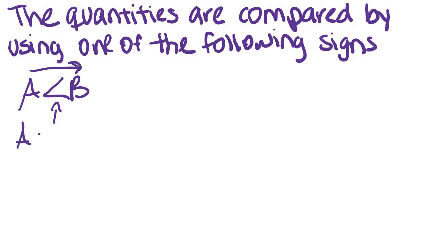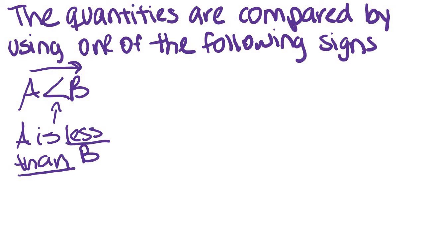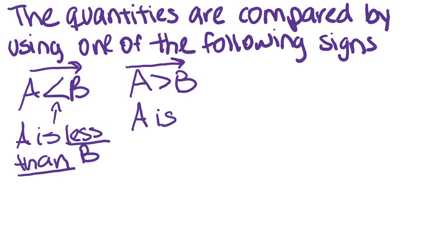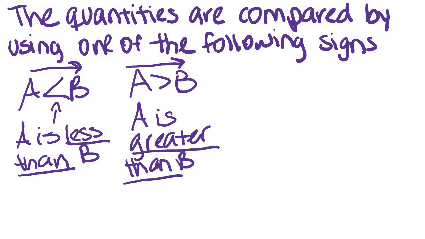And this is A is less than B. Then similarly, we have this guy like this, where the alligator mouth is pointing at the A. And again, we compare our numbers from left to right. So we write A is greater than B.